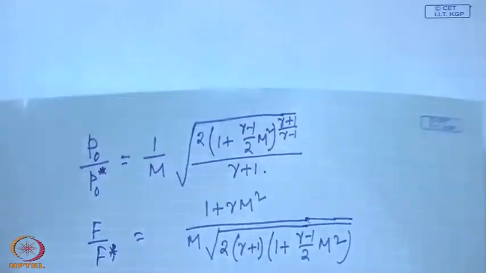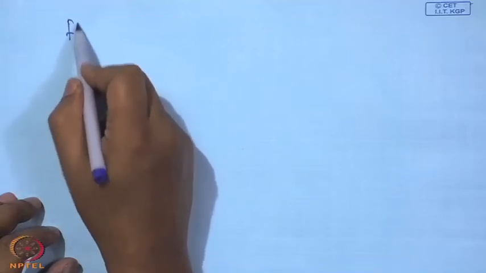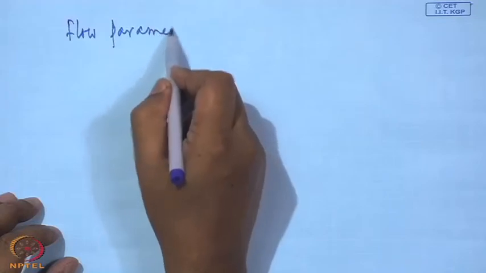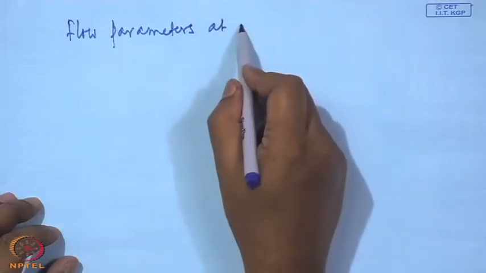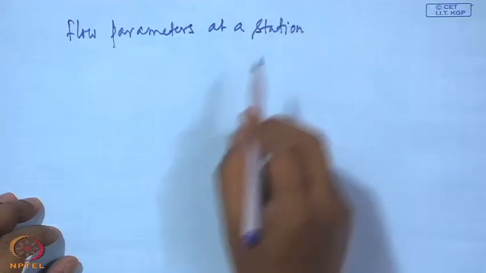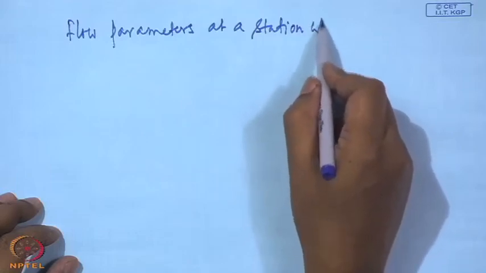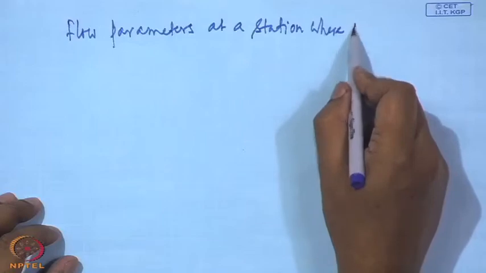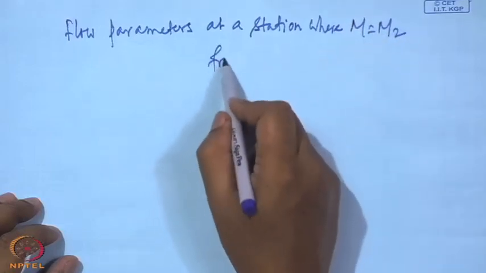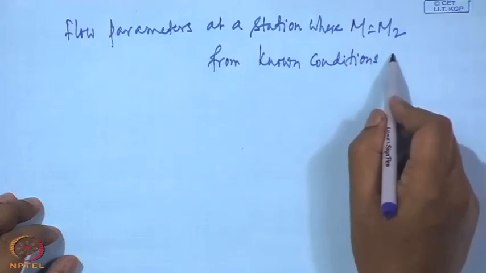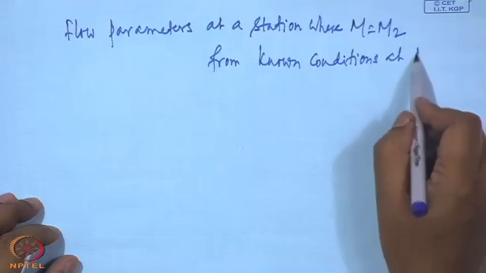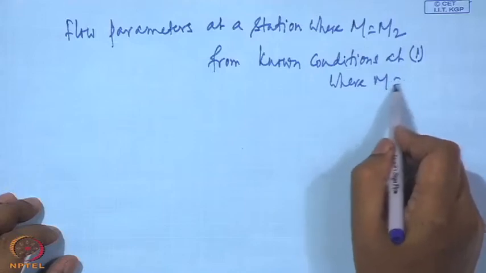And that can very easily be obtained from these relations, that is, to find flow parameters at a station where m equal to m 2 from known conditions at 1 where m equal to m 1.